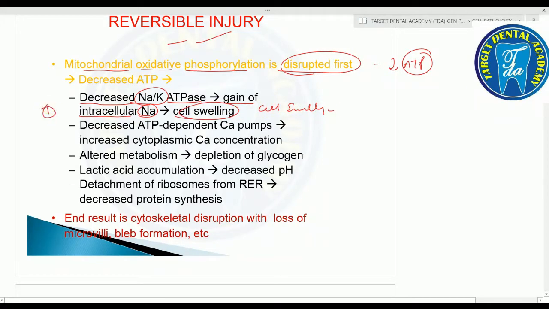Second, when there is a decreased ATP dependent calcium pump, it leads to increased cytoplasmic calcium concentration.